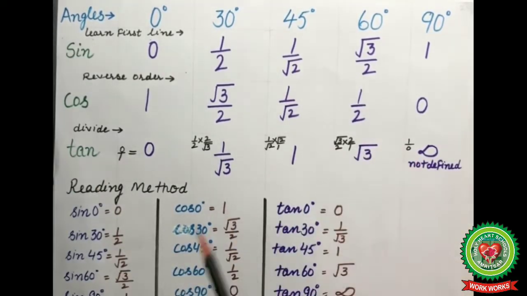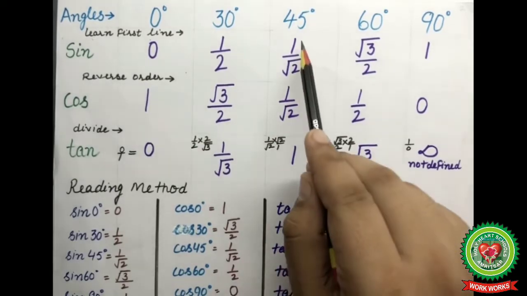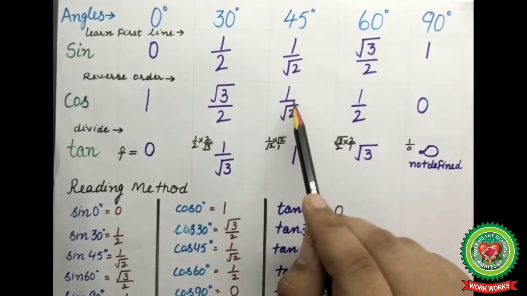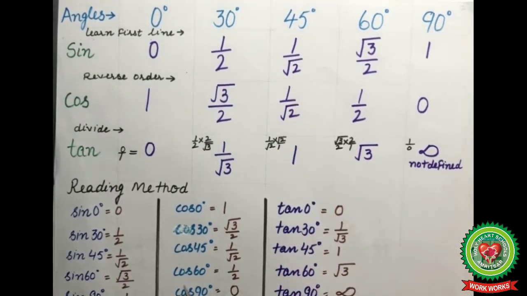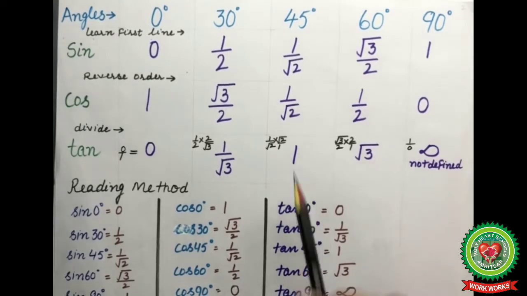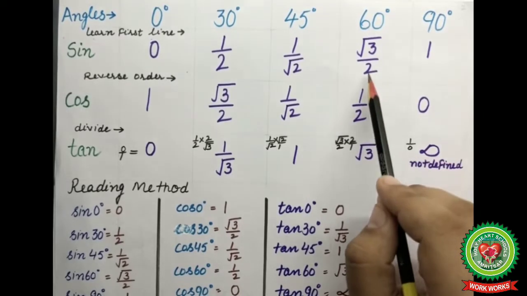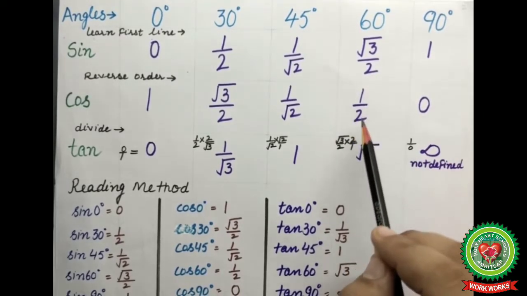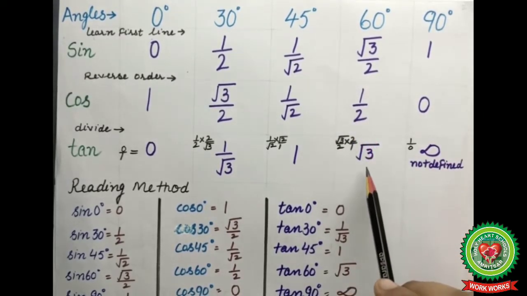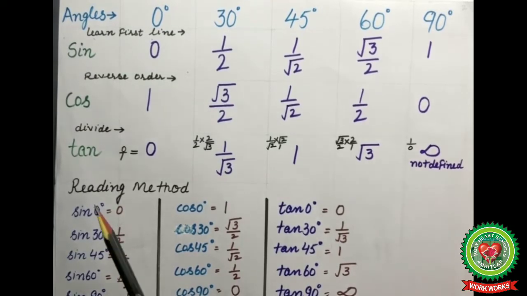Tan 45 degree will be equal to 1 upon under root 2 divided by 1 upon under root 2, which will give the answer as 1. Tan 60 degree will be equal to under root 3 upon 2 divided by 1 upon 2, which will give the answer as under root 3. Tan 90 degree will be equal to 1 upon 0, which is not defined.